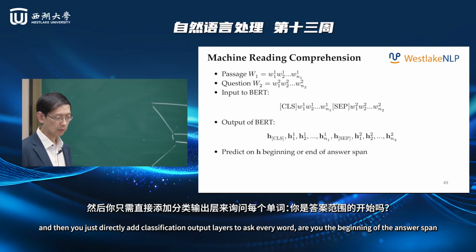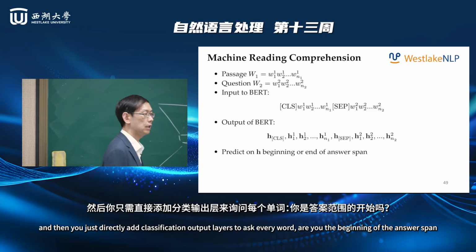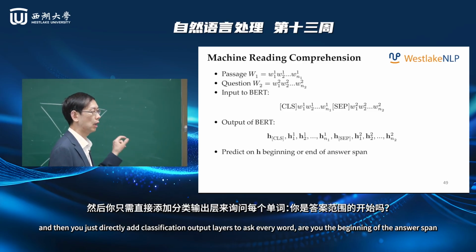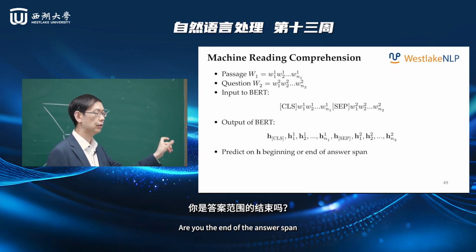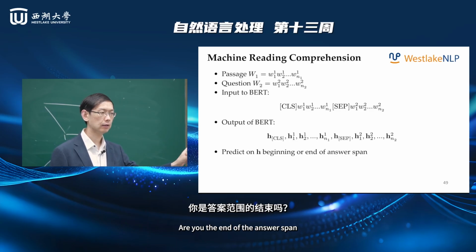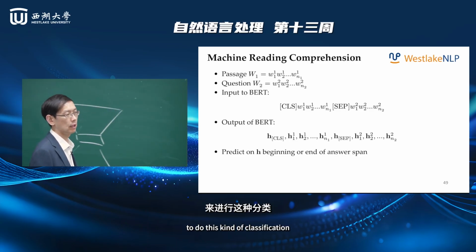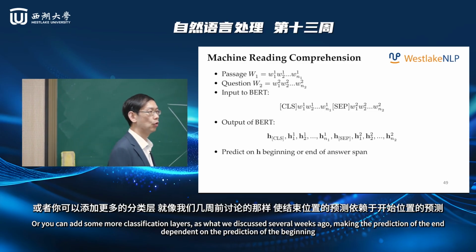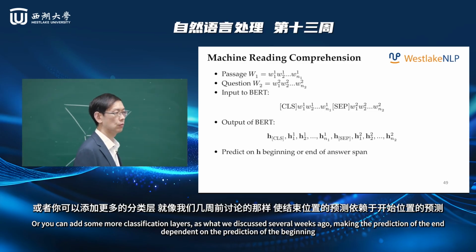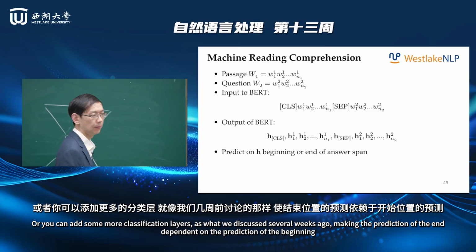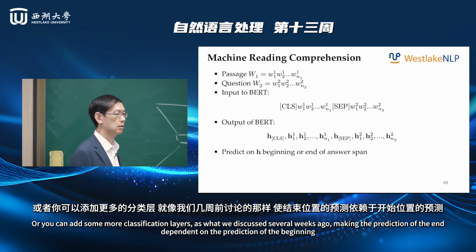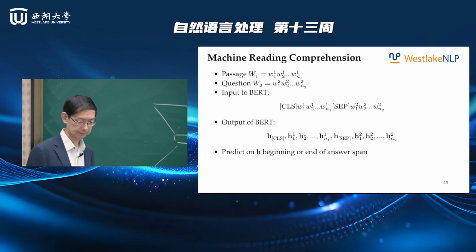Then you just directly add classification output layers to ask every word, are you the beginning of the answer span? Are you the end of the answer span? Or you can add some more classification layers as we discussed several weeks ago, making the prediction of the end dependent on the prediction of the beginning.